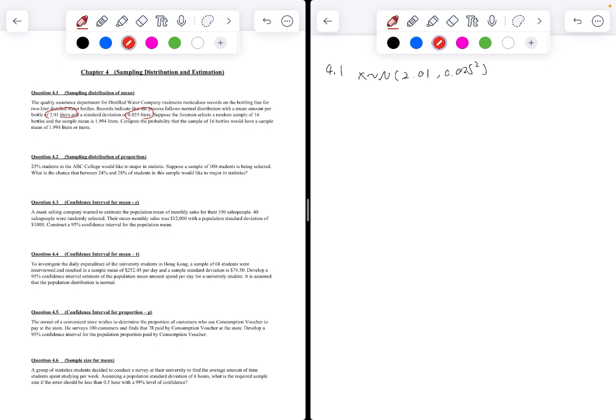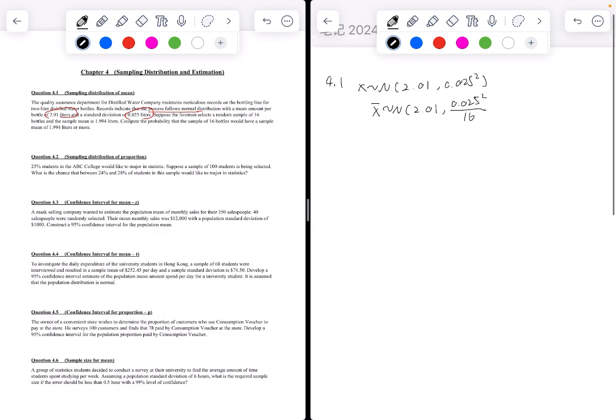As the question tells us that this process follows a normal distribution, assume that X bar is the average amount of liters of 16 bottles. We can construct the normal distribution of it, which is N(2.01, 0.025 squared over 16), where 16 is the number of the sample.